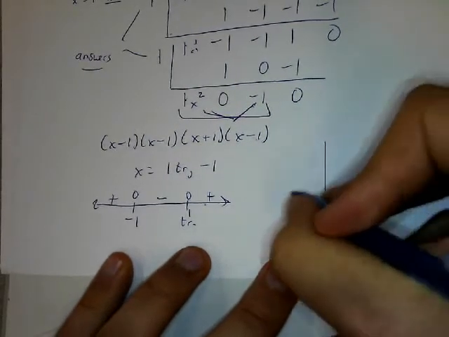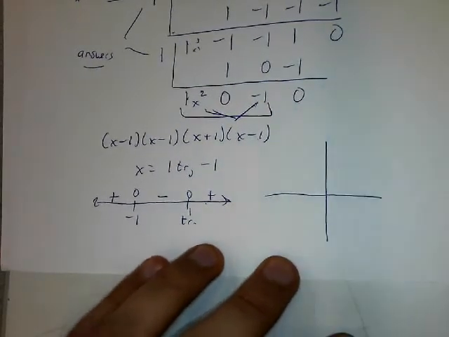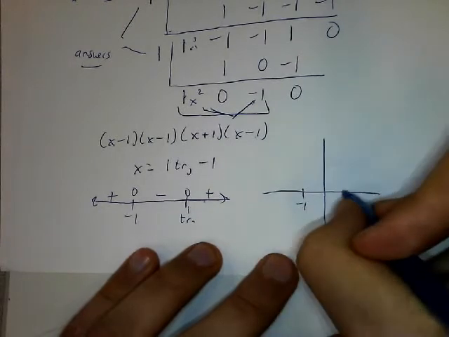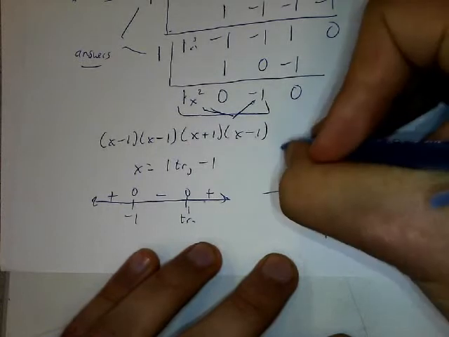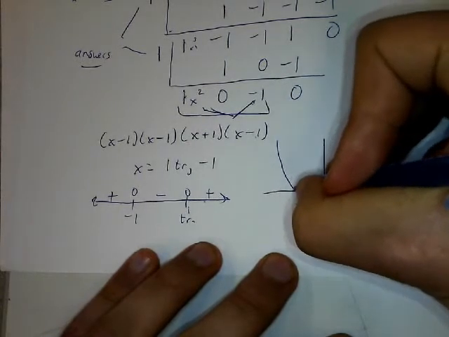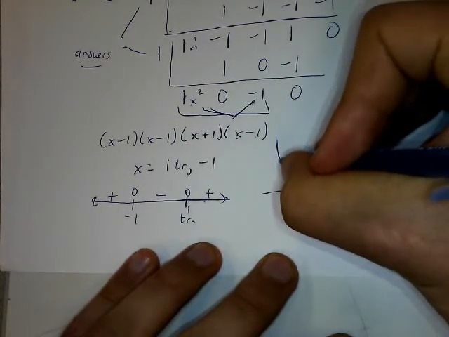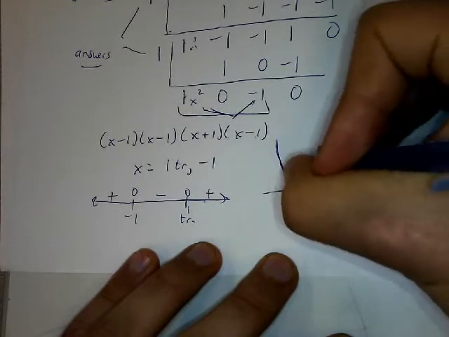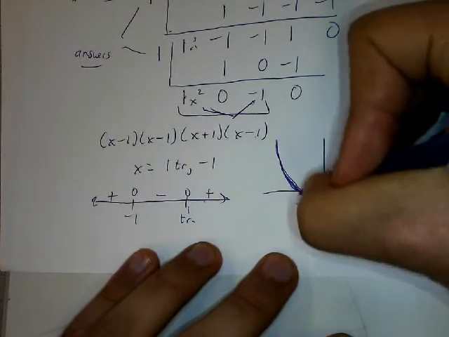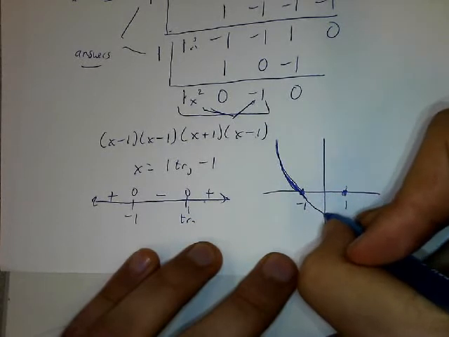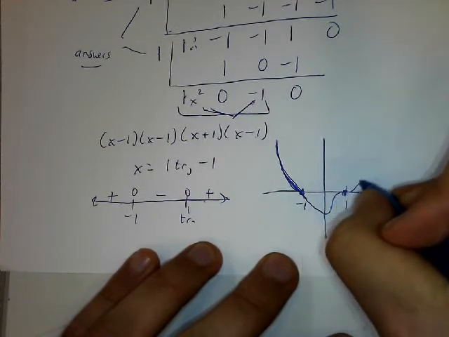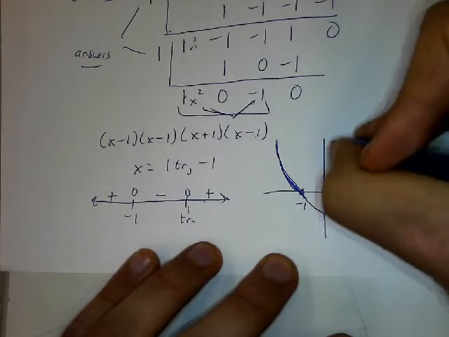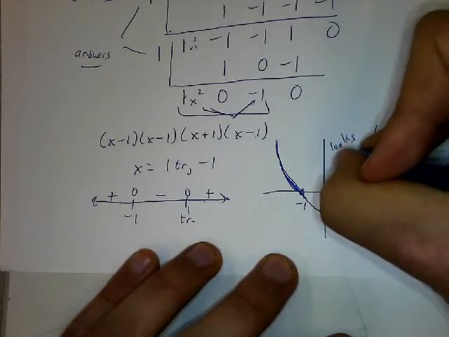Since I know it's a triple root, it forms a certain pattern on the x-axis. It comes positive, sorry, that's really bad. And then the triple root has to look like a cubic function there. So it looks cubic.